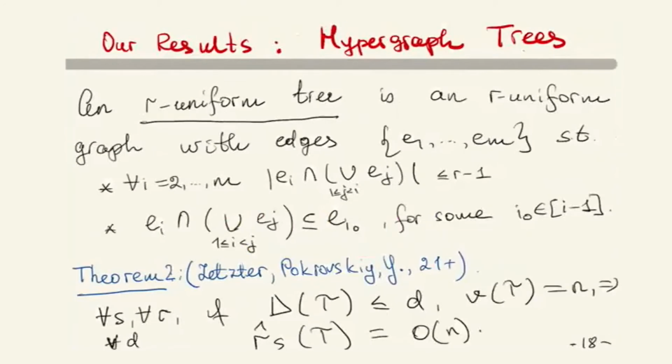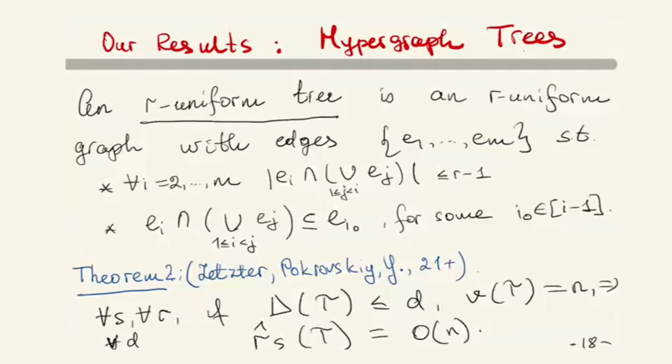Now, we also showed that the same result holds for r-uniform trees. Again, there are many ways you can define trees in hypergraphs, and in the literature there are various ways. We stick to the definition which was the most general version we could obtain from the paper by Dudek, Lafleur, Moubaye, and Rödl.